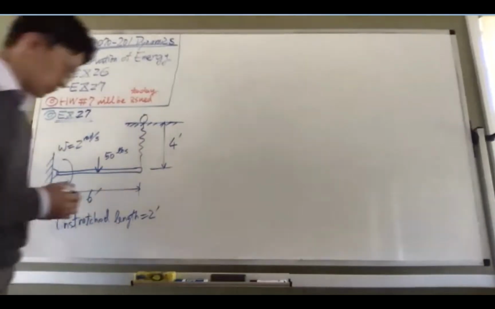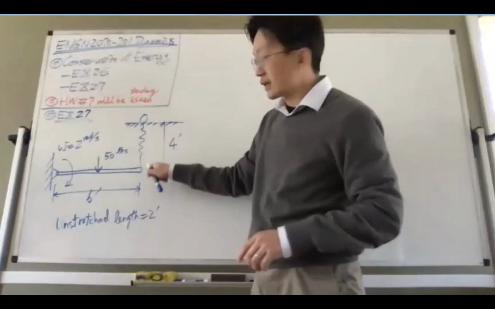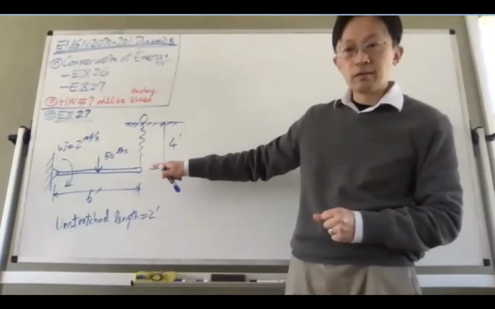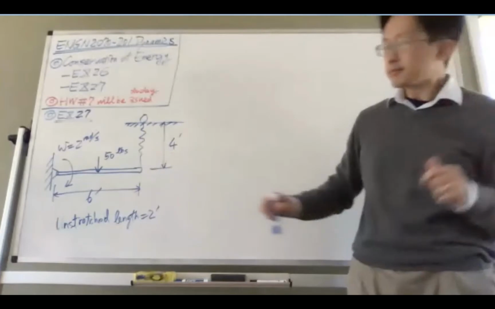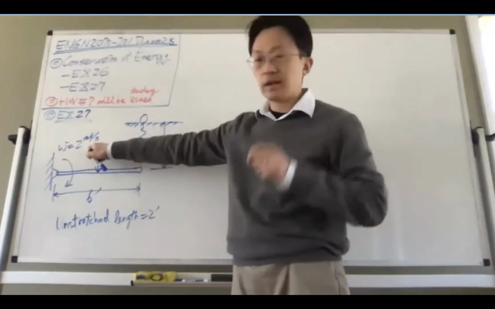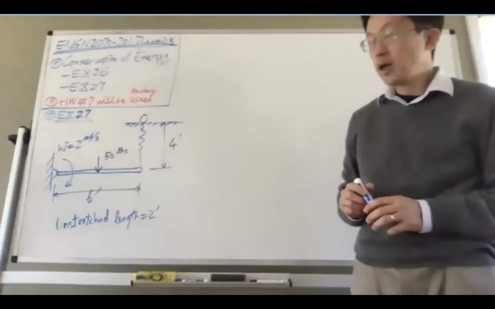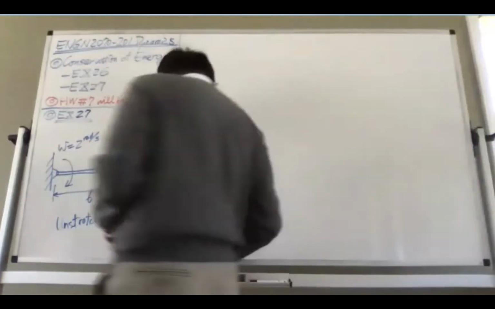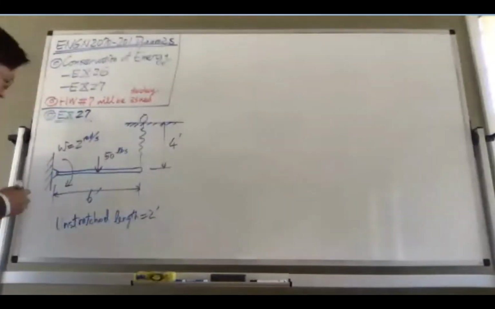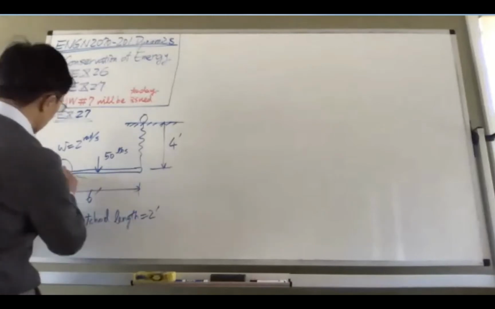And so what's the question? The question is, because this spring is not going to stop this bar from moving, which means that at this moment we have an angular velocity of 2 radians per second, we want to know what happens when this bar goes further down below at 30 degrees.